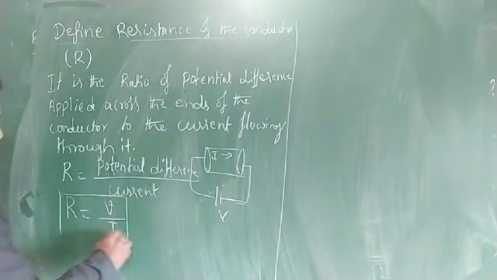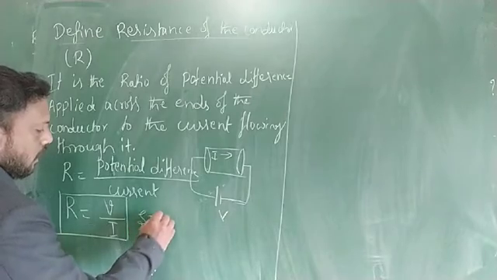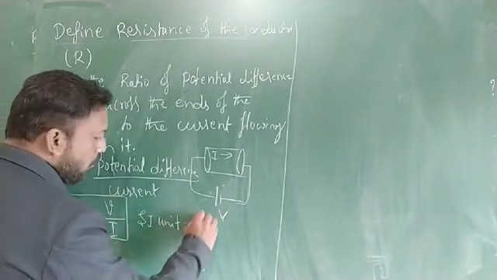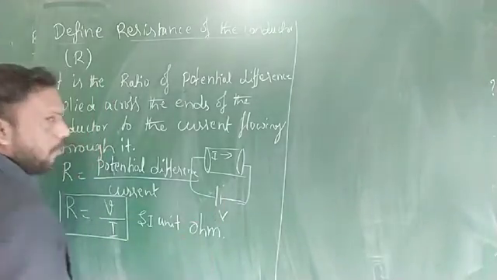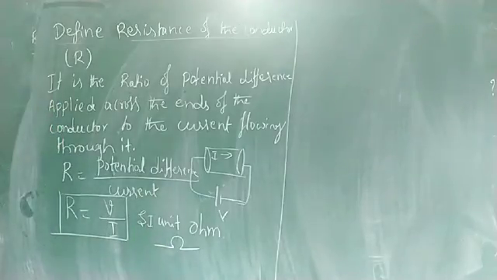The SI unit of resistance is ohm, denoted by the symbol Ω.